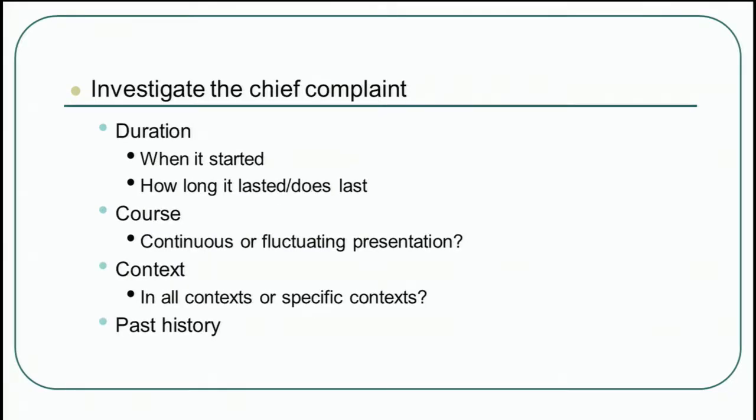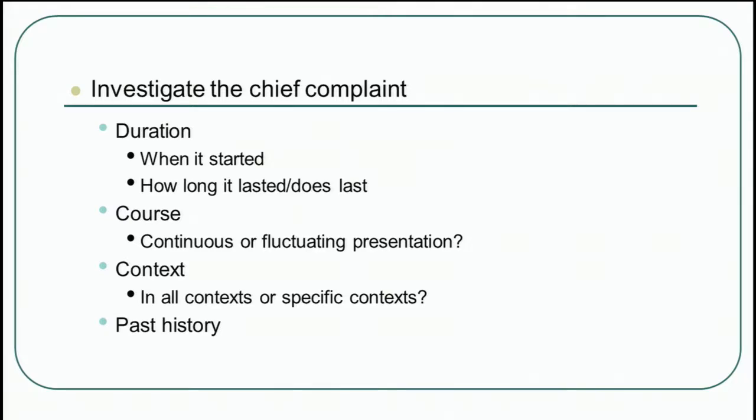When we are investigating the chief complaint, we want to ask about duration, course, and context. These are the three most important questions. Duration is when it started and how long it lasted or does last. Course is: is it continuous or fluctuating in its presentation?